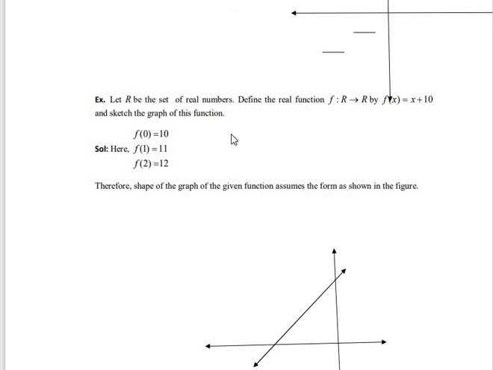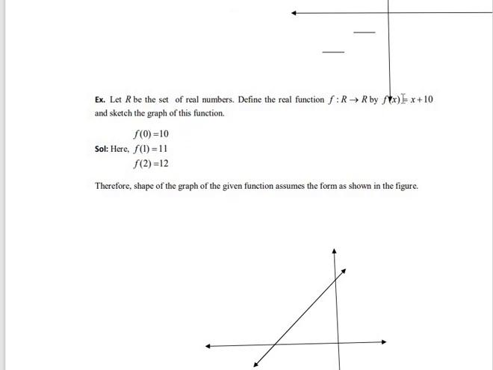Here, as the function is from R to R, I will choose the value of x as 0. If I take the value of x as 0, I will get f of 0 is equal to 0 plus 10, which is 10. If I take x equal to 1, then I will get 1 plus 10, 11.